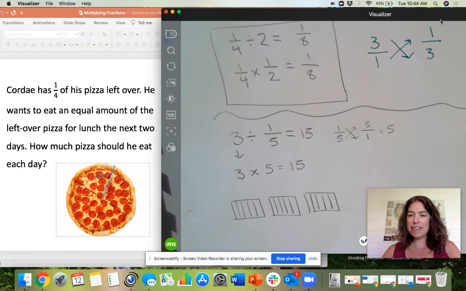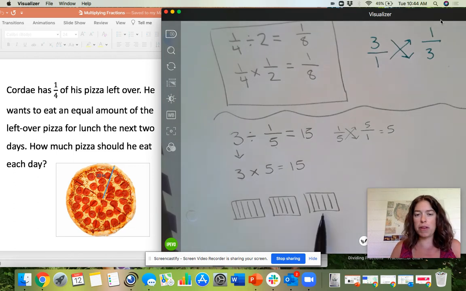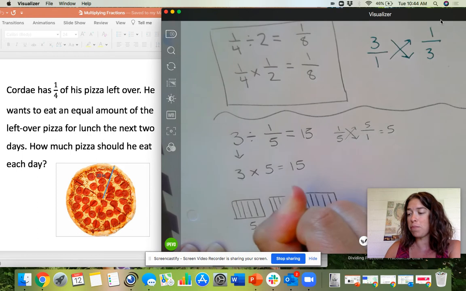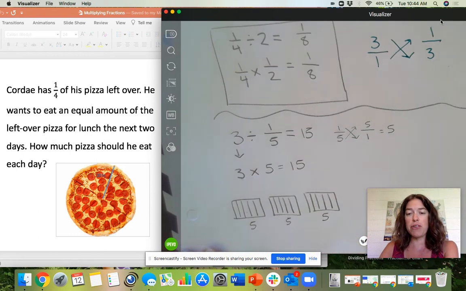Pretty cool. But we can see why, because if I have 3 pans of brownies and I'm splitting them into pieces that are a fifth, that means each pan will have 5 pieces. And so I need to multiply by 5 to figure out how many pieces there are, which is the same as 3 times 5.